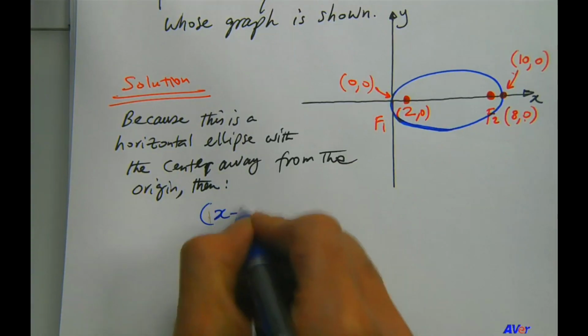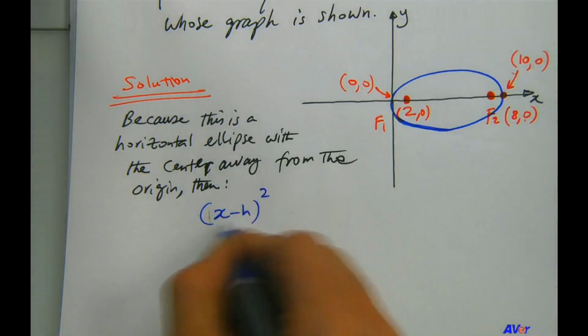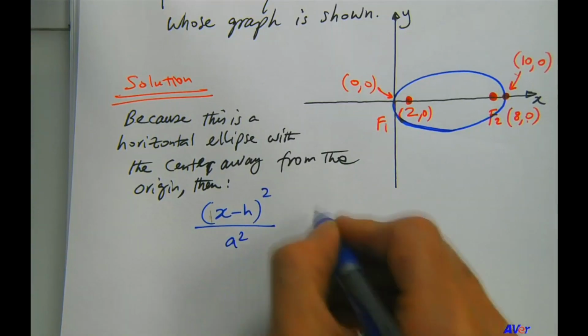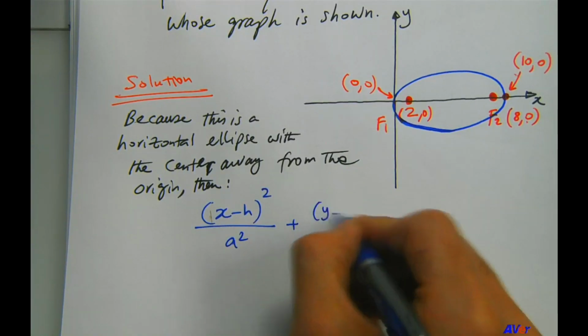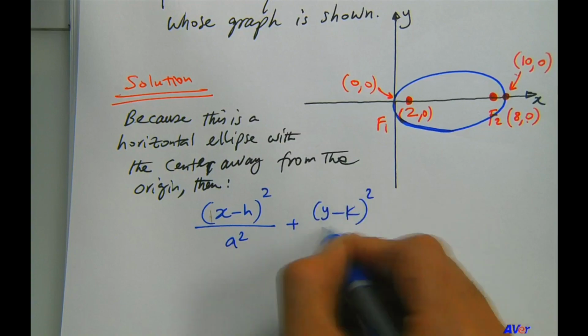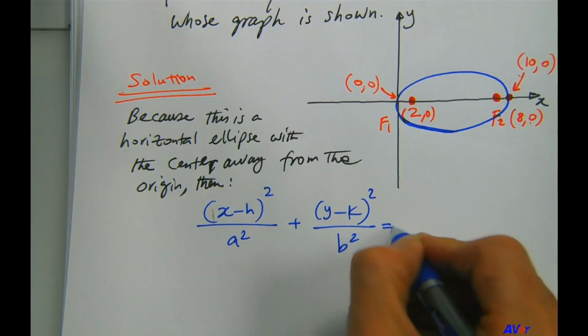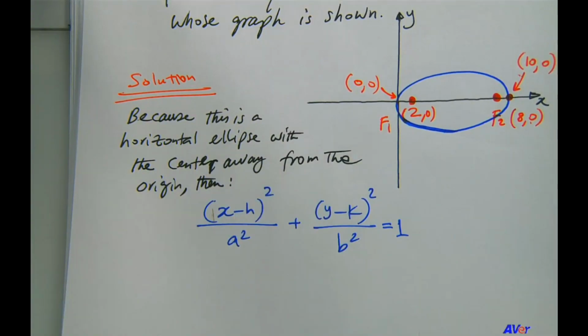This is the general equation: x minus h squared over a squared plus y minus k squared over b squared equals 1, right? That's the general equation.